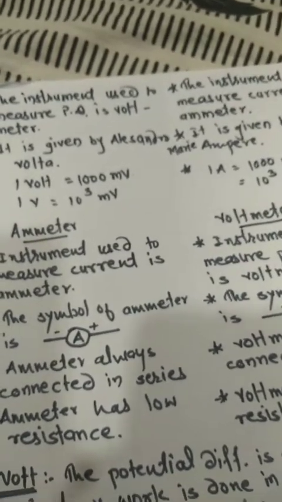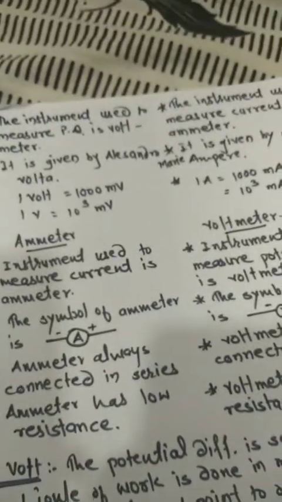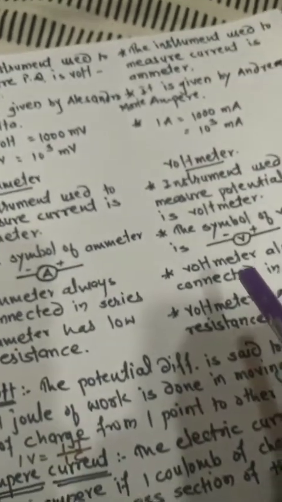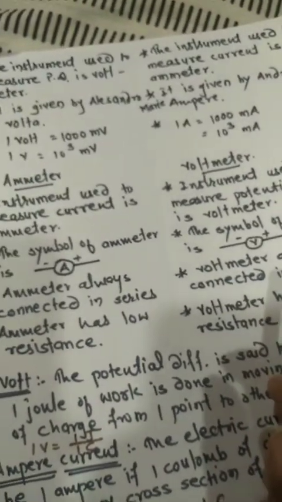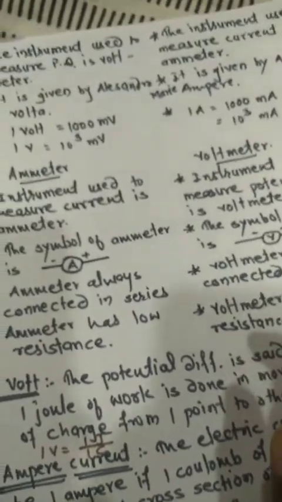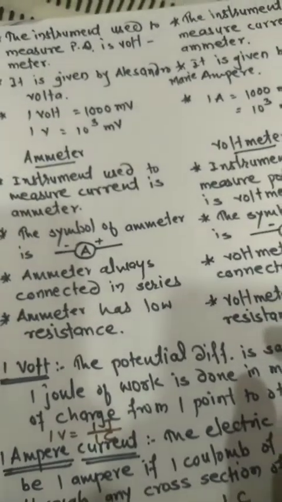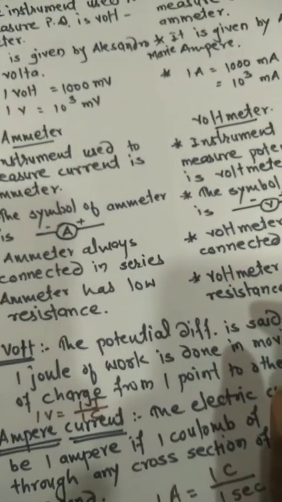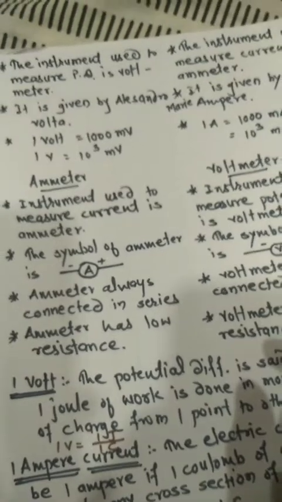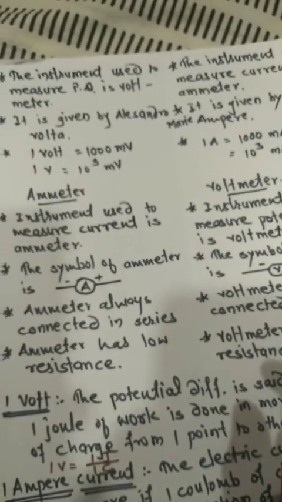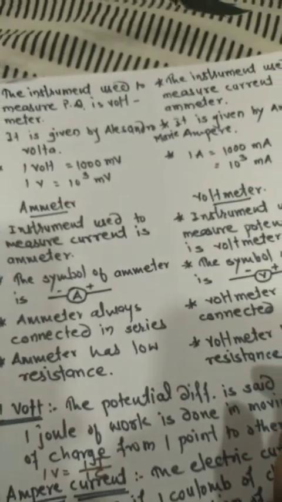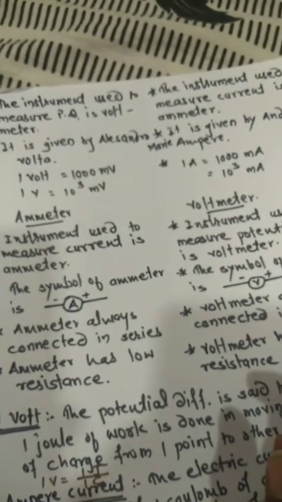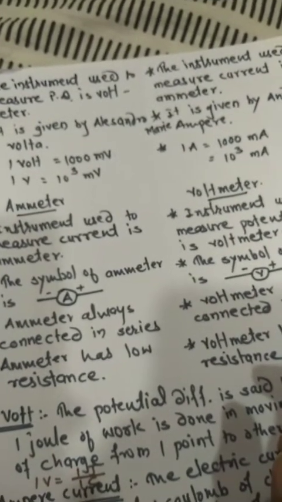In the last video we discussed the difference between current and potential difference, ammeter and voltmeter. We studied how to write the definition of the SI unit of potential difference and the SI unit of current.